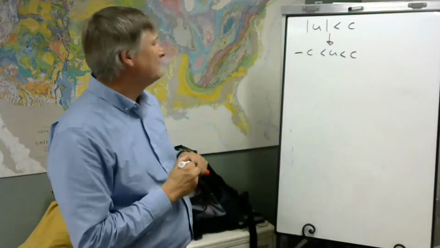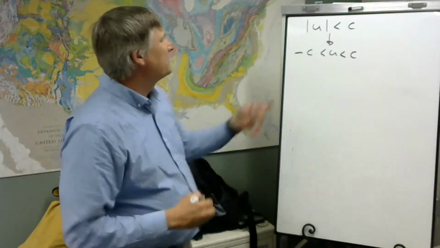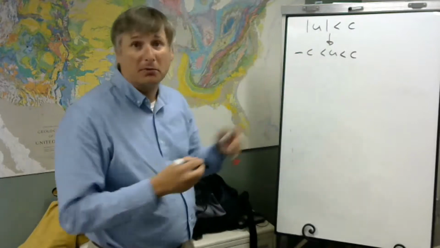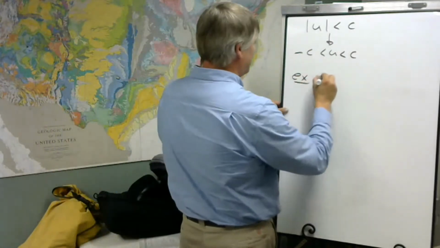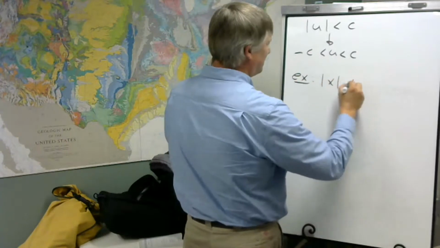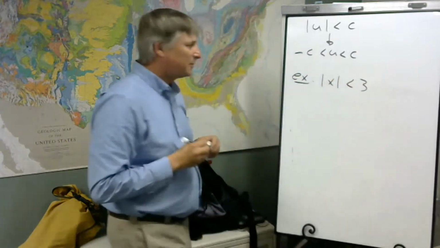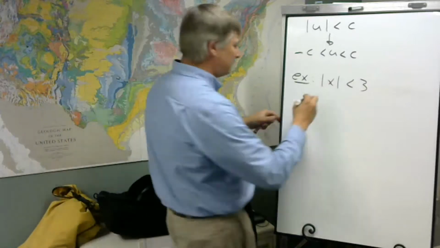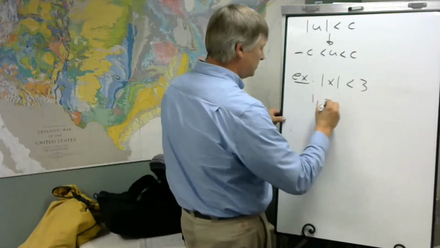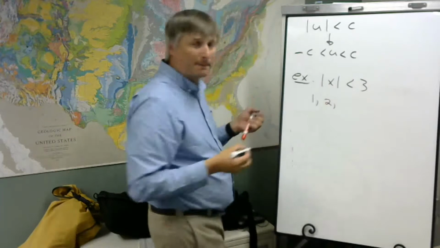And what ends up happening is you want numbers, the absolute value of this number is, say, smaller than 3. So let's say we have absolute value of x is less than 3. So numbers that work right away, 1, 2, those work.